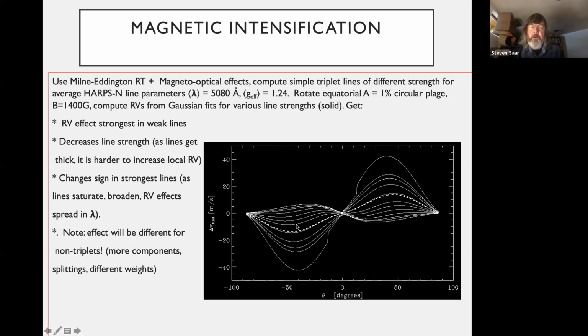But in fact, most of the lines that you use for RVs are not these ones that have the largest amplitudes, because those are the very weak ones. Most of them are in the lower amplitude section, and that's why the weighted average comes out to be only around plus or minus 11 for this.